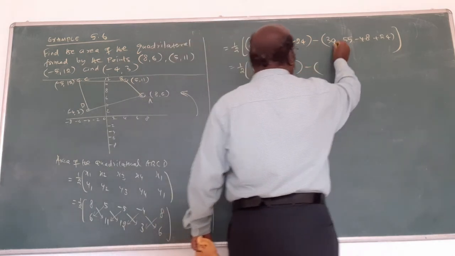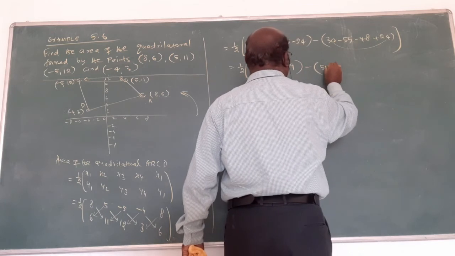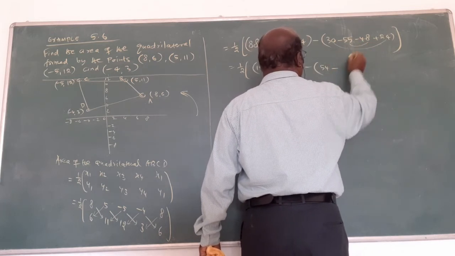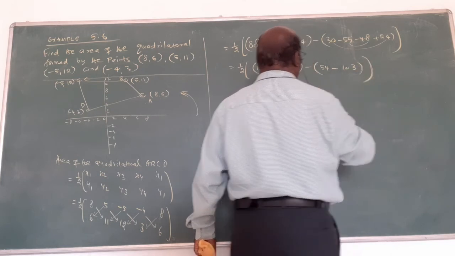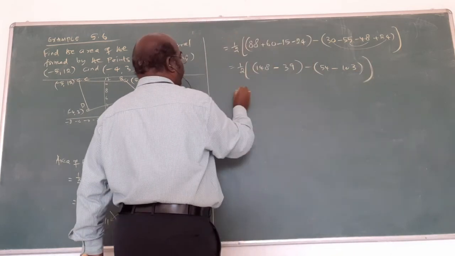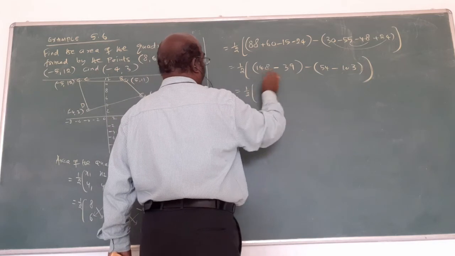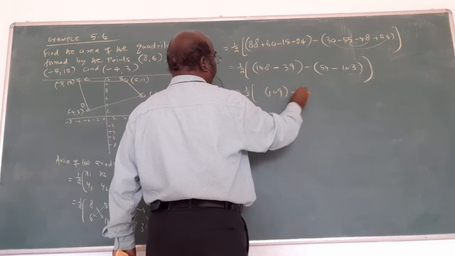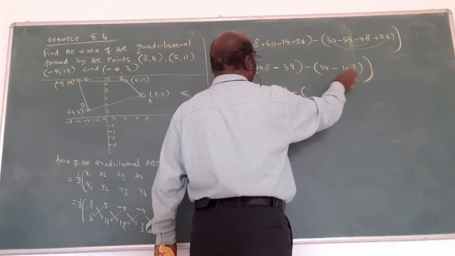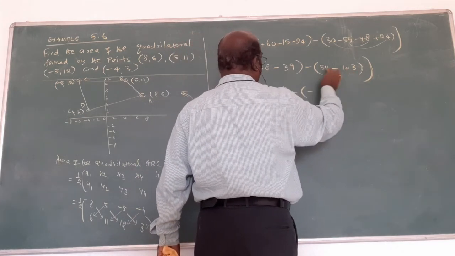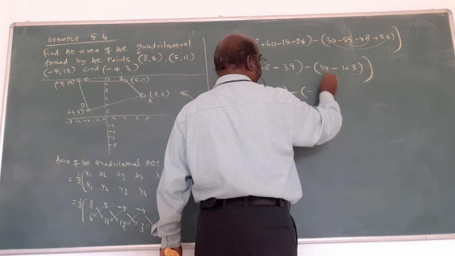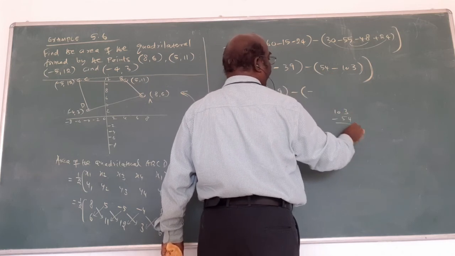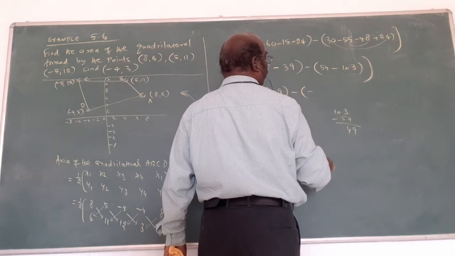Minus, this is positive, no? 54, adding 87. Am I right? Can you subtract? Here, bigger number minus, no? Minus 103, 54. 103 minus 54. What's the answer? 49.